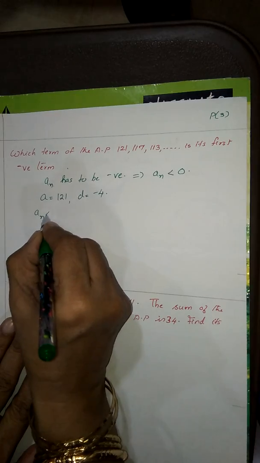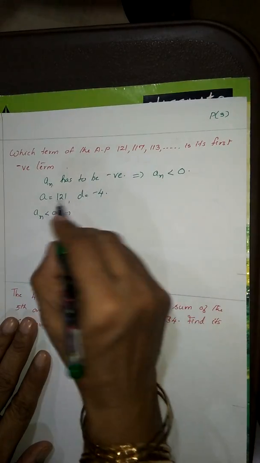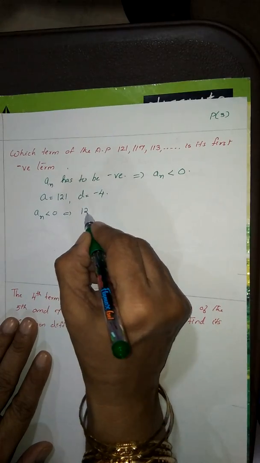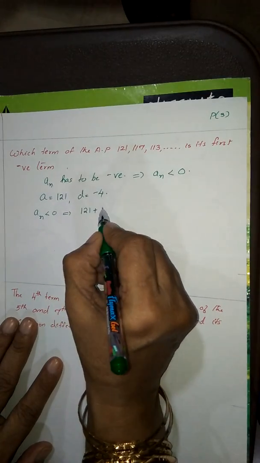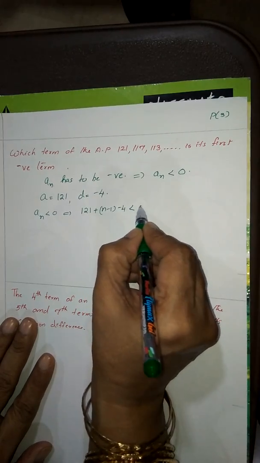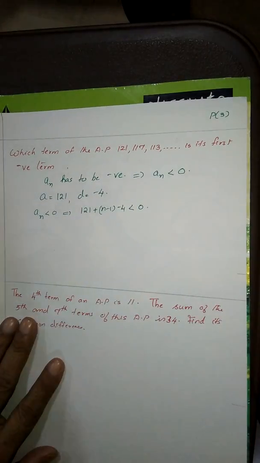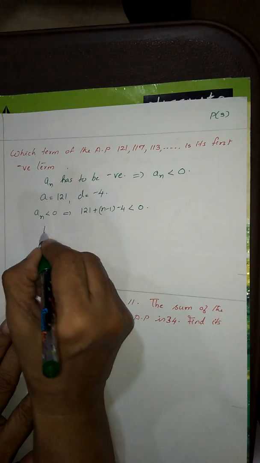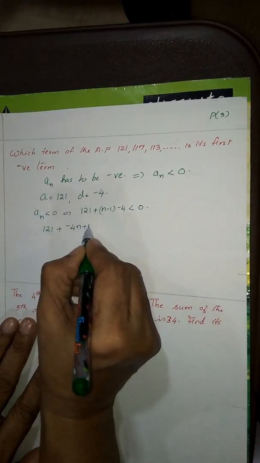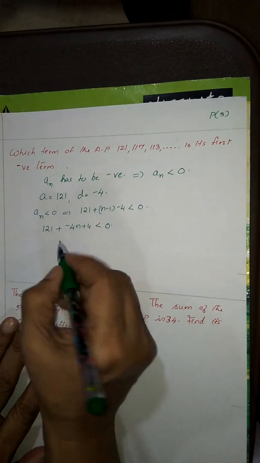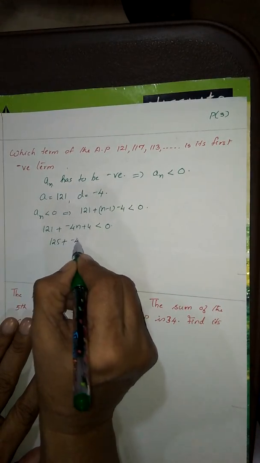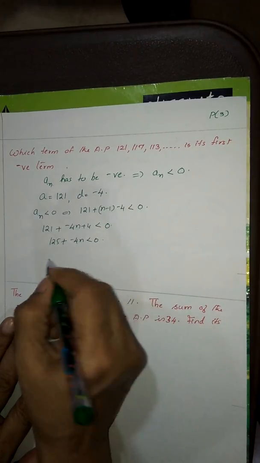So An is A plus n minus 1 into D, that is 121 plus n minus 1 into minus 4 is less than 0. So simplifying this, you get 121 minus 4n plus 4 is less than 0. So 125 minus 4n is less than 0.